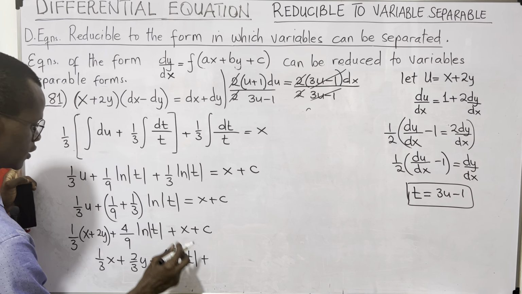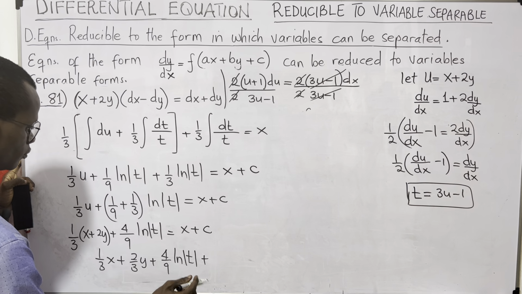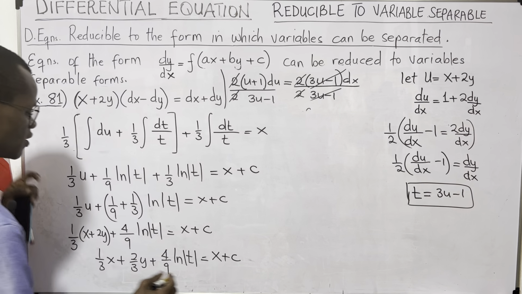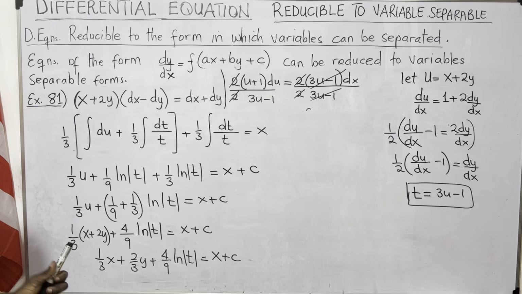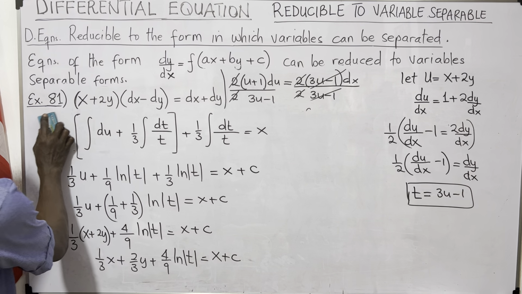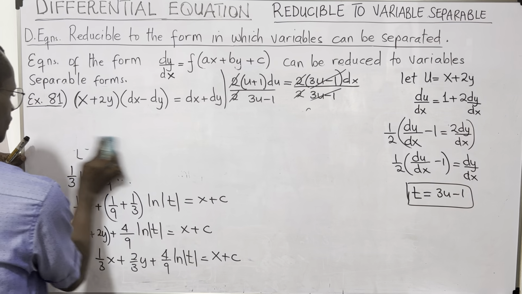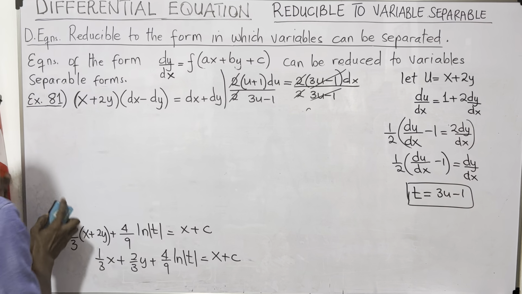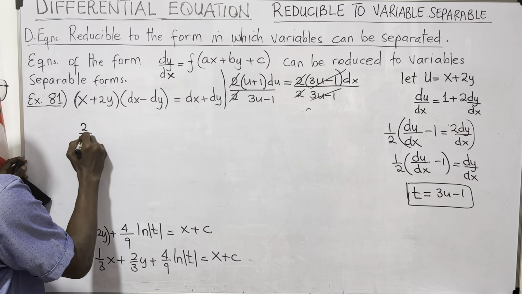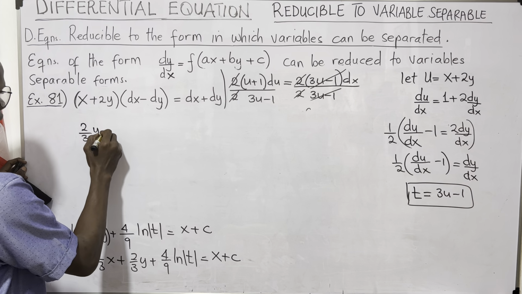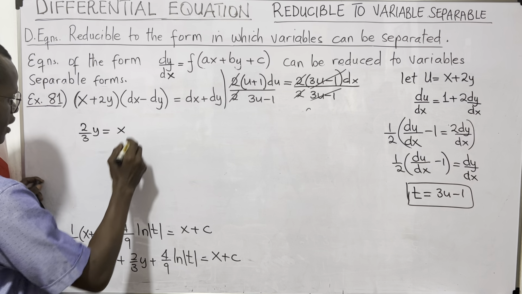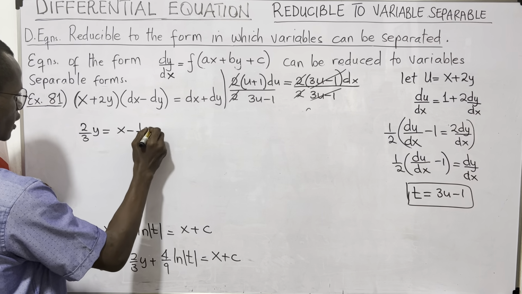all equal to x plus some arbitrary constant c. Since we want to solve for y, to further simplify the problem, we can send every expression to the right hand side of the equation. So we have 2 over 3y is equal to x. We send this 1 over 3x, it becomes minus 1 over 3x.